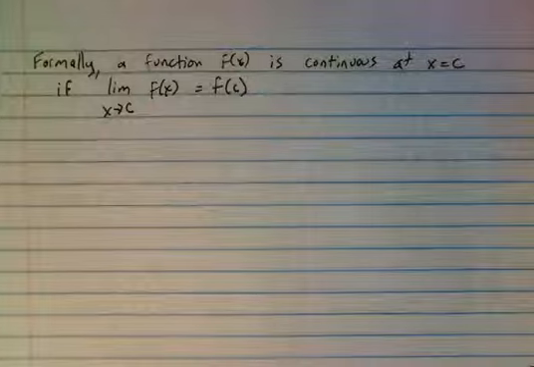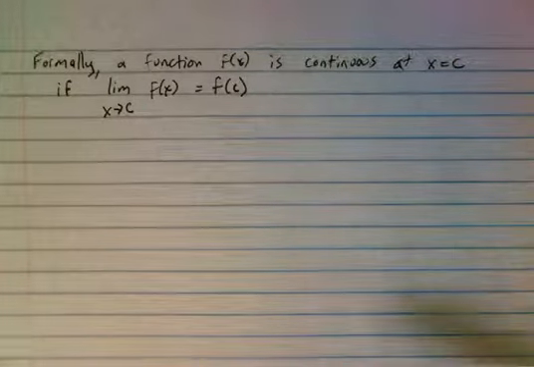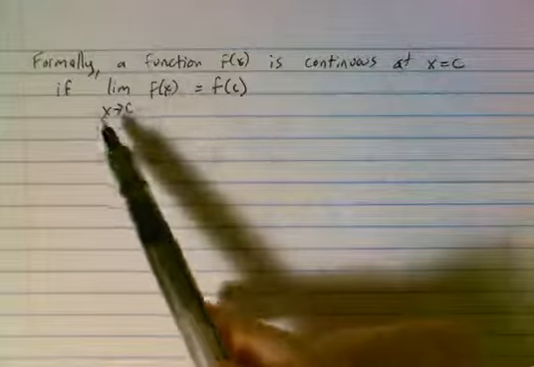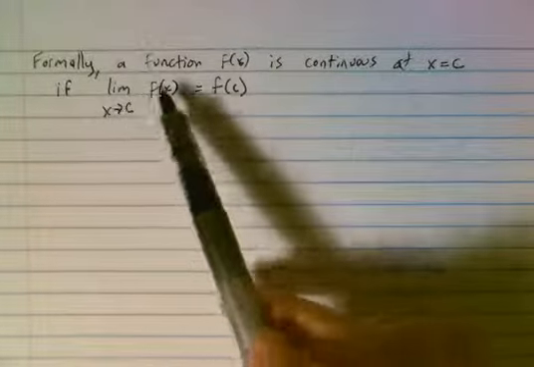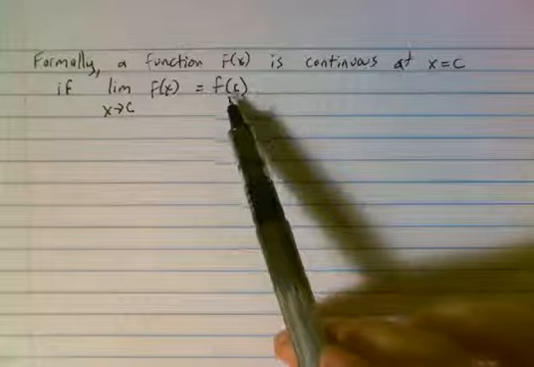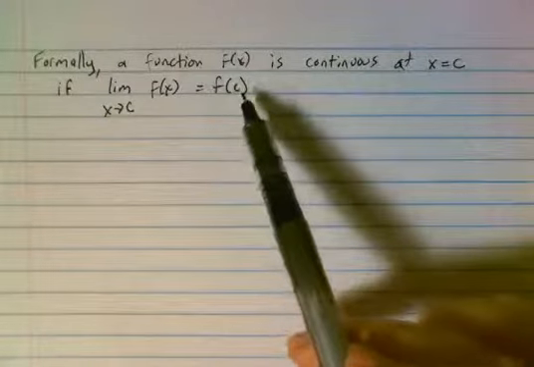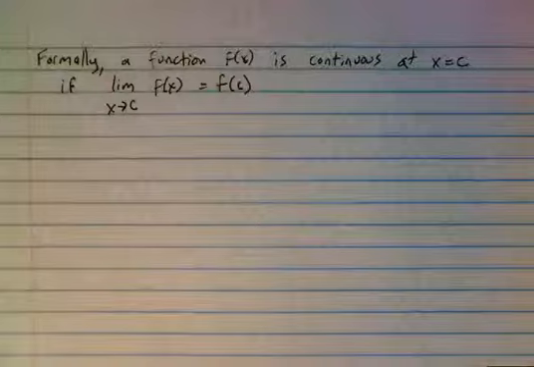So we saw this before with one of our previous limits lectures. Basically what this is saying is we find the left-hand limit and the right-hand limit. They'd better match. That gives us this overall limit as x approaches c. And this f of c is just saying that whatever the value is when x equals c, that had better be the same as this limit.